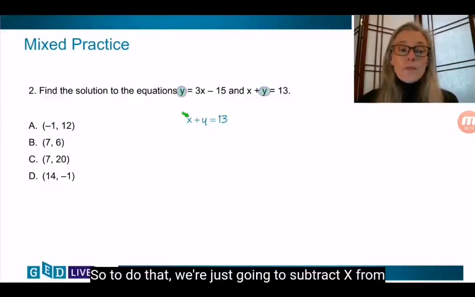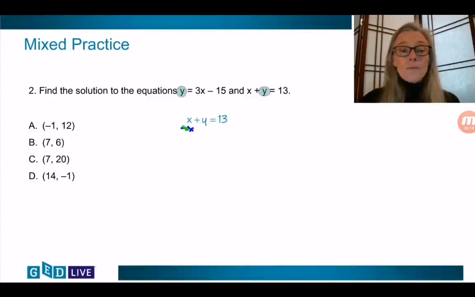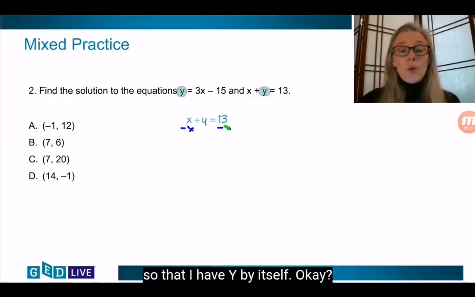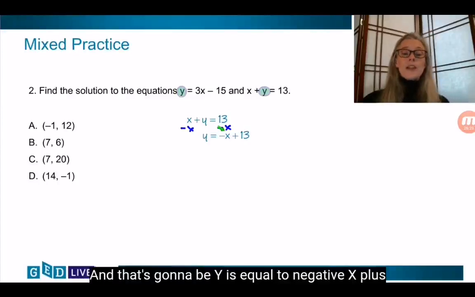To do that, we're just going to subtract x from both sides. We're going to get that x out of there so that I have y by itself. That's going to be y is equal to negative x plus 13.